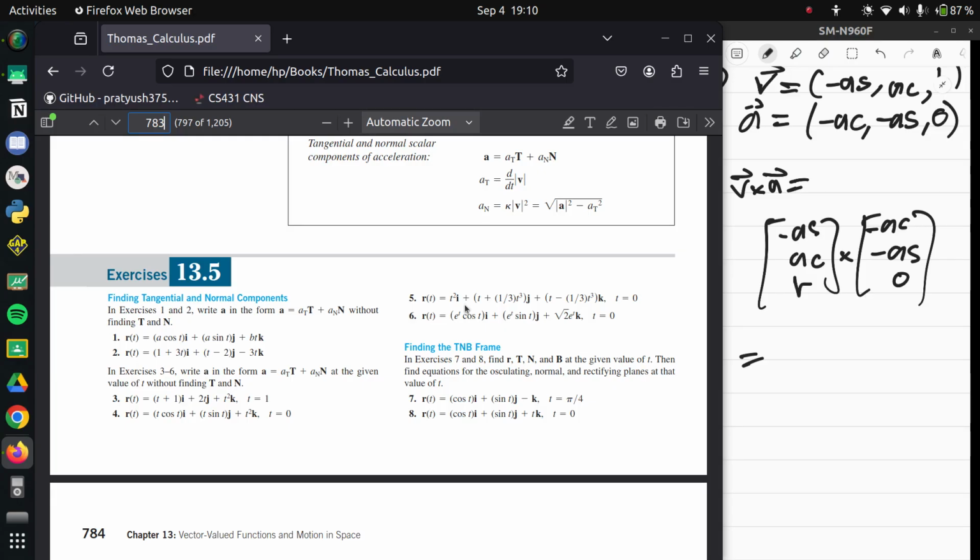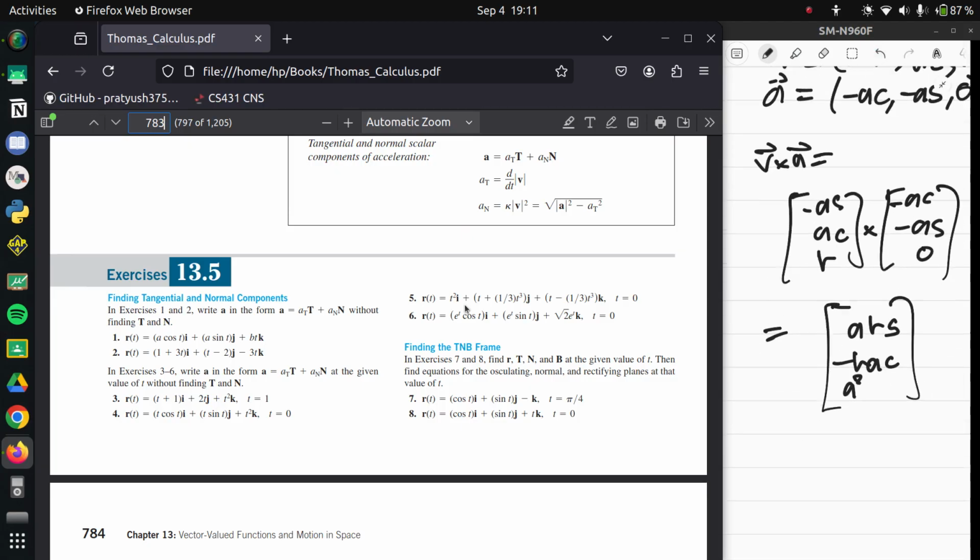There's a better way to do all of this, but just do it in the normal organic way. So for this thing it's just b, so negative b a c, then plus a squared s squared plus a squared c squared, so that's just a squared, right? So that's your v cross a.